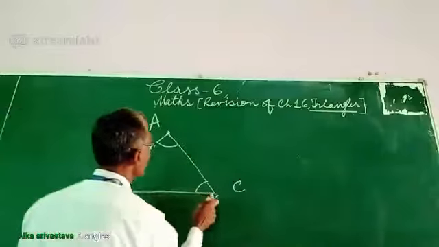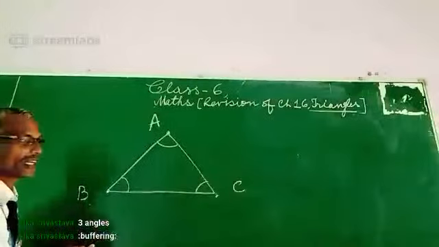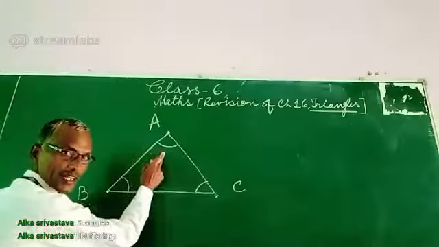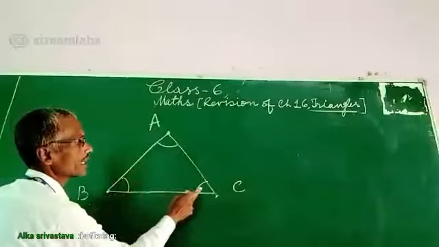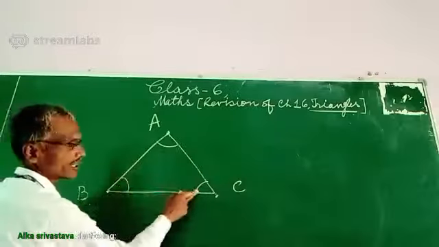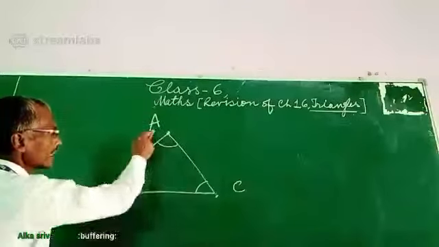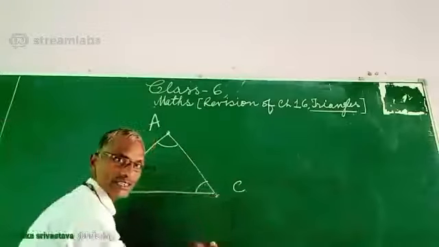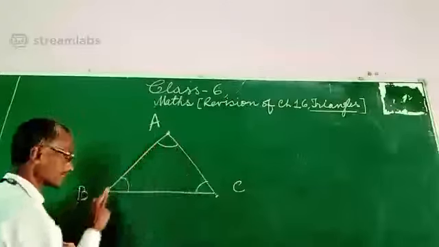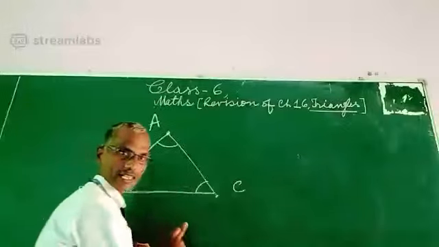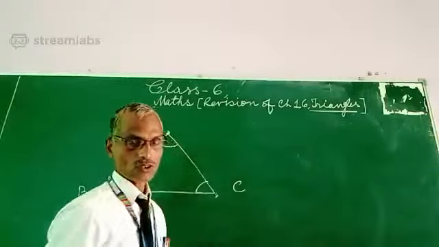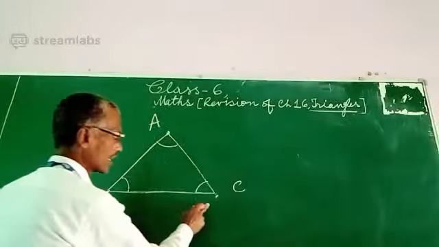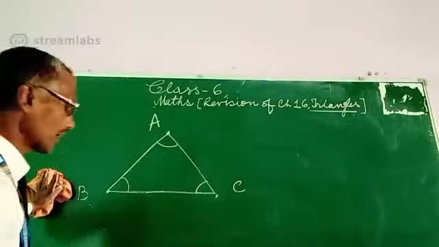AB, BC and CA are the three sides. Angle A, angle B and angle C are the three angles. Vertex A, vertex B and vertex C. It means it has three vertices and three angles.